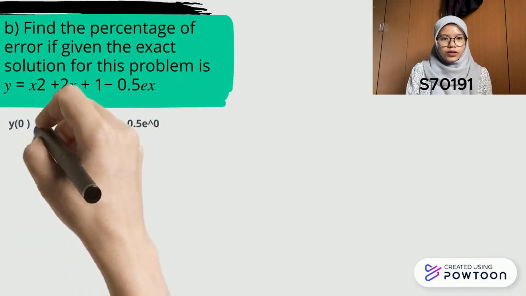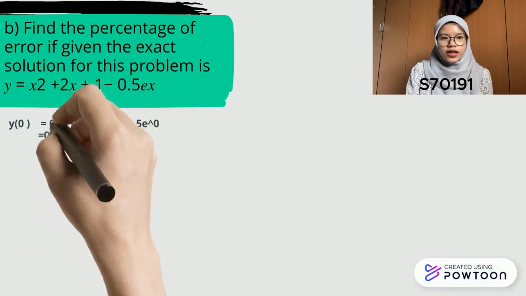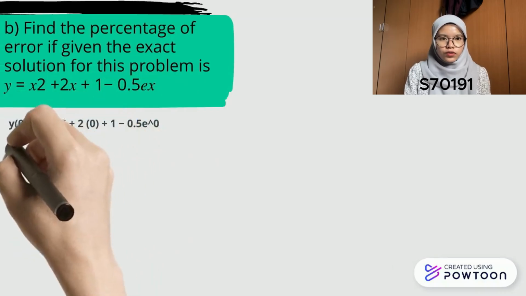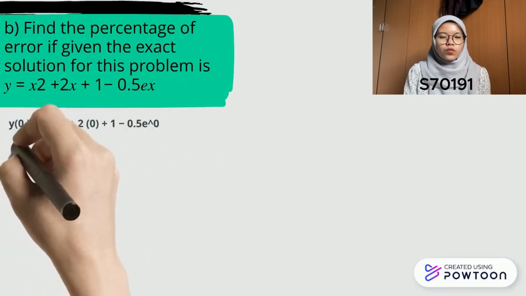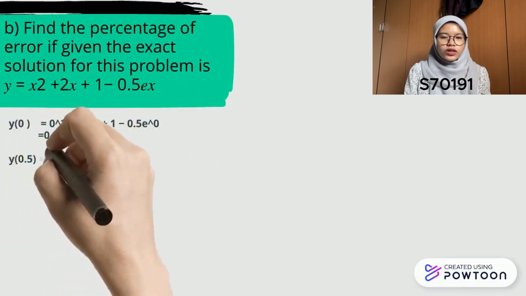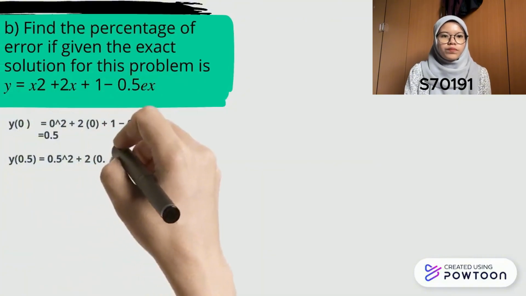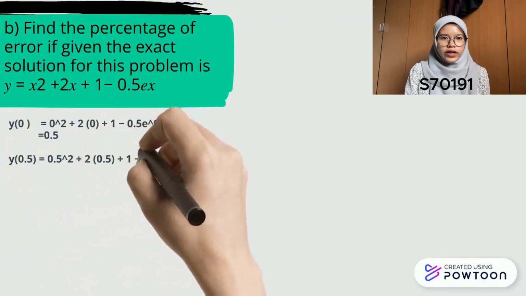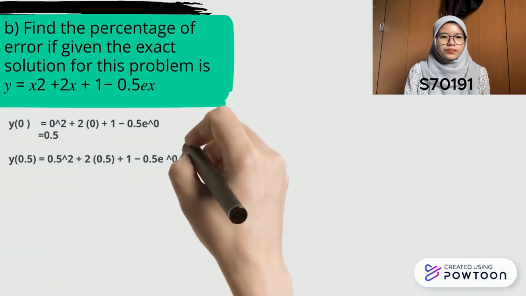To solve the problem, the first step is to substitute specific values of x, namely x equals 0, x equals 0.5, x equals 1.0, x equals 1.5, and x equals 2.0 into the given function. This substitution allows us to compute the exact value of y for each of these x values.